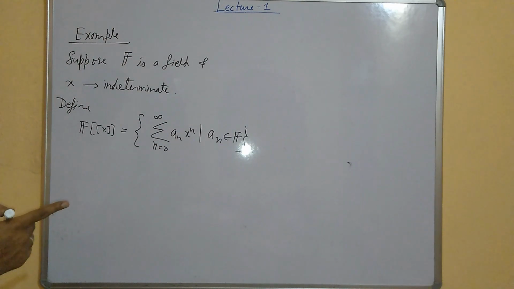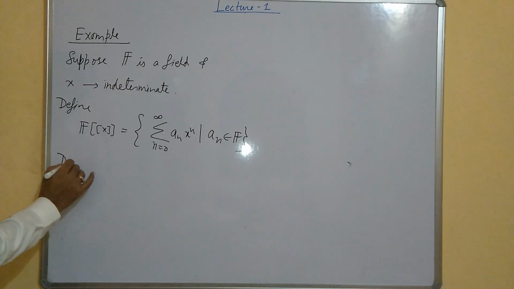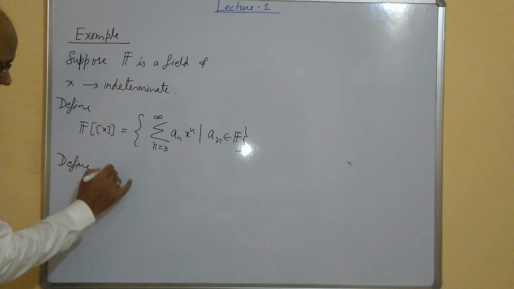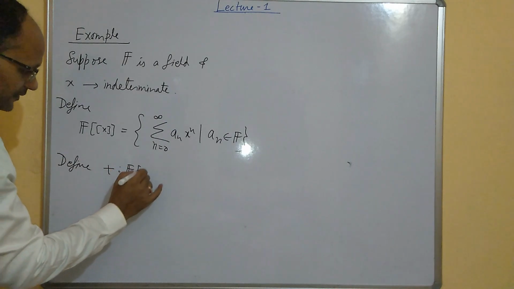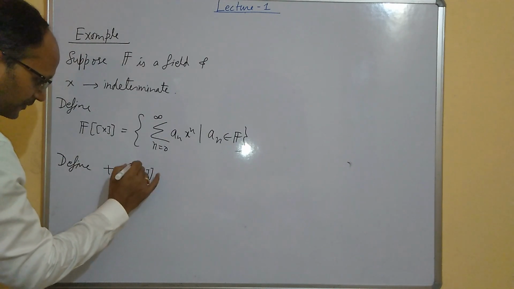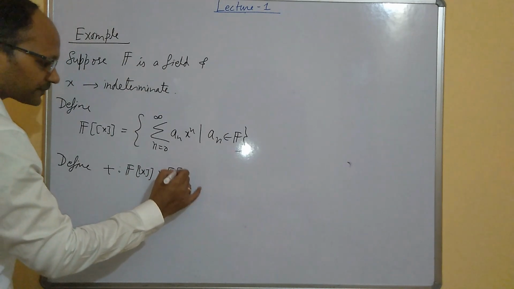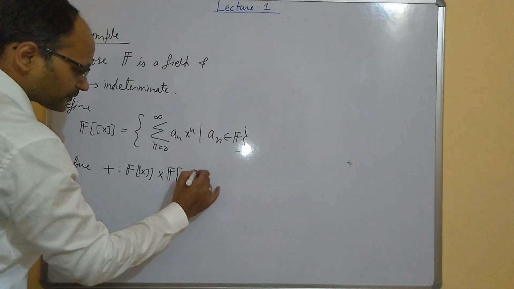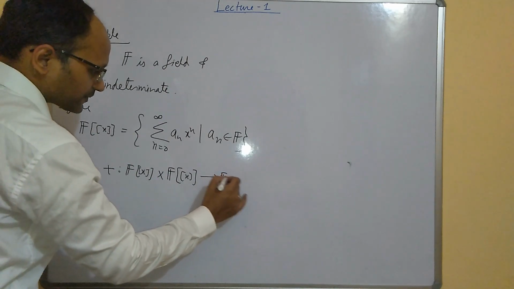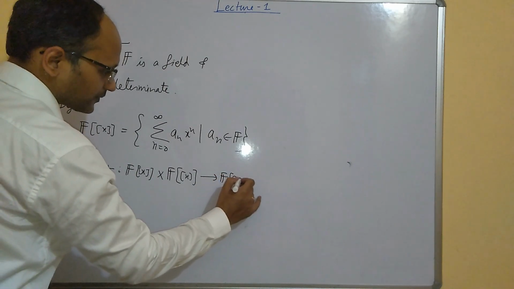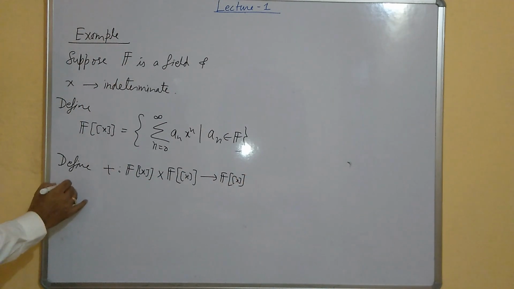On this set we can define two operations, addition and multiplication of power series. So define plus from F[[x]] cross F[[x]] to F[[x]] as follows.